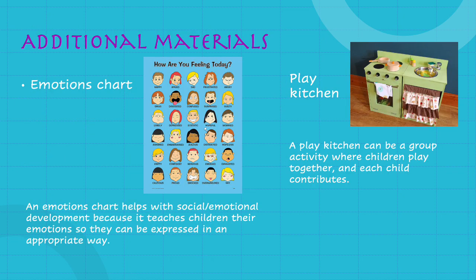Some additional materials that help children's social emotional development could be emotion charts and a play kitchen. Emotion charts teach children their emotions so they can express them in appropriate ways. Play kitchens can be a group activity where they can play together and each child can contribute an idea.